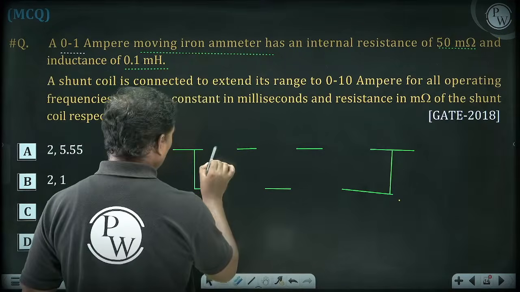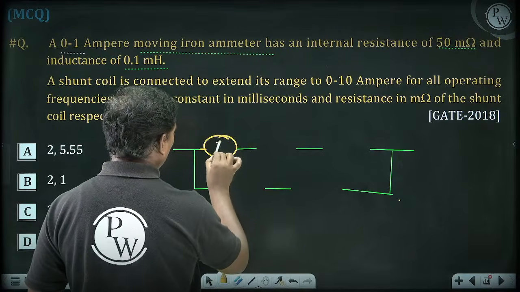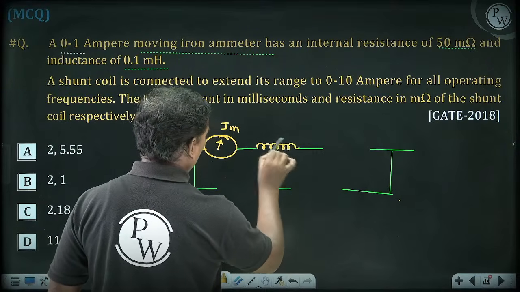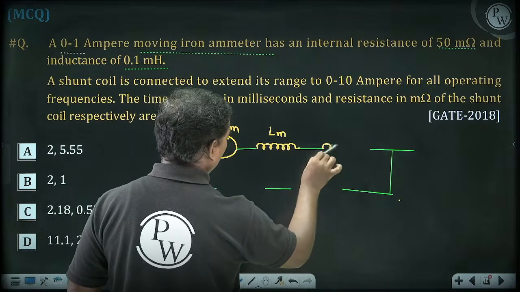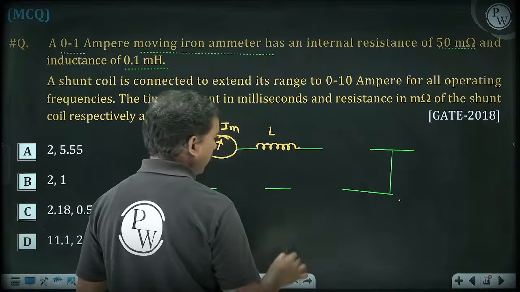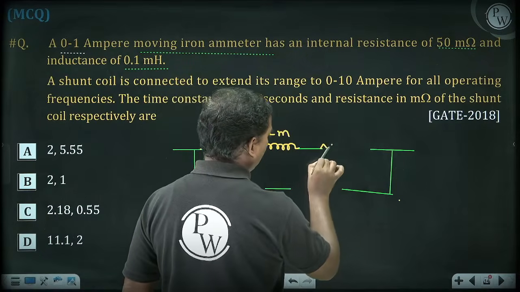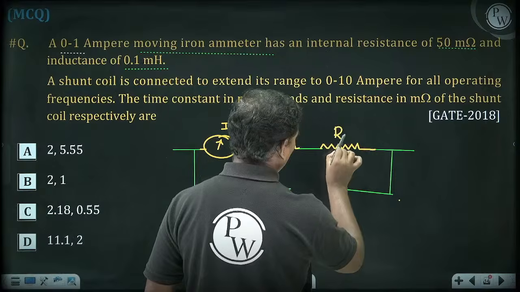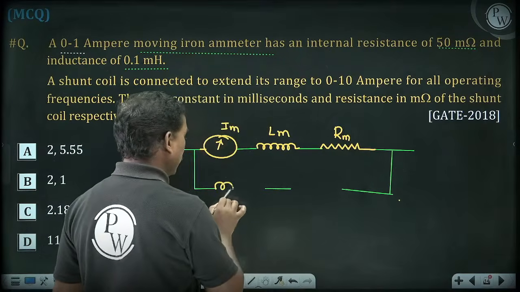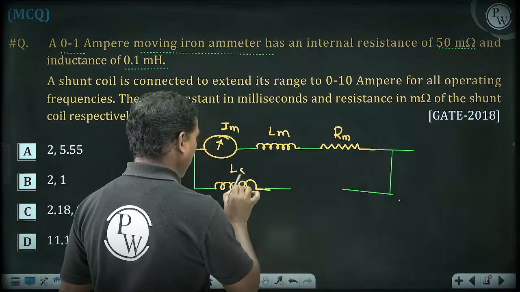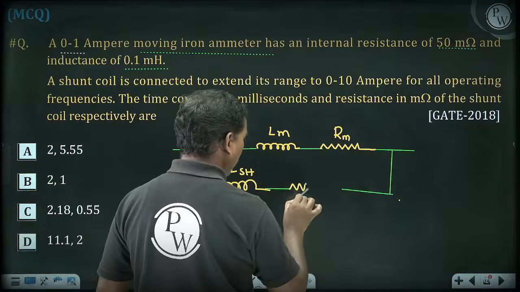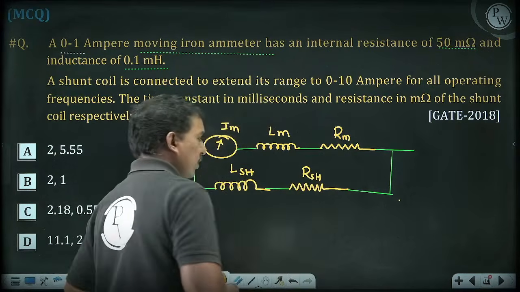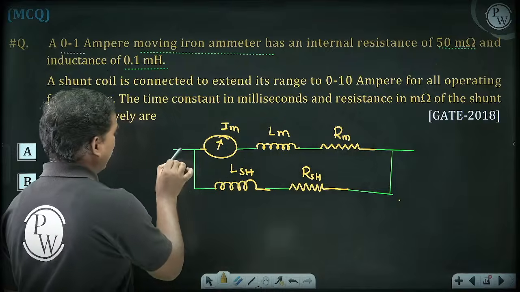Okay, so this is now Im, this is Lm and this is Rm, and this is Lsh and this is Rsh. Okay, so now this is our I.